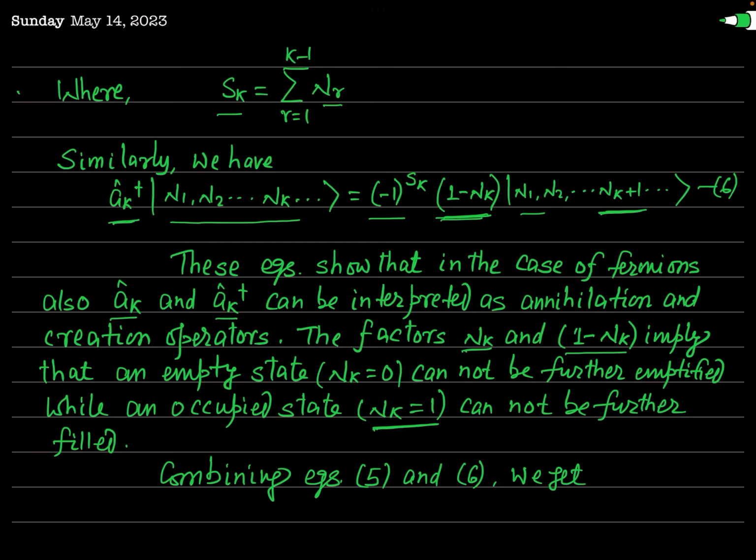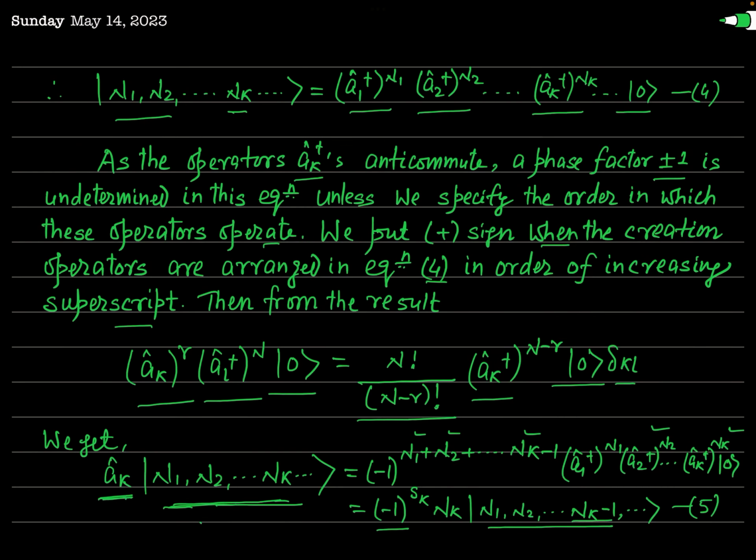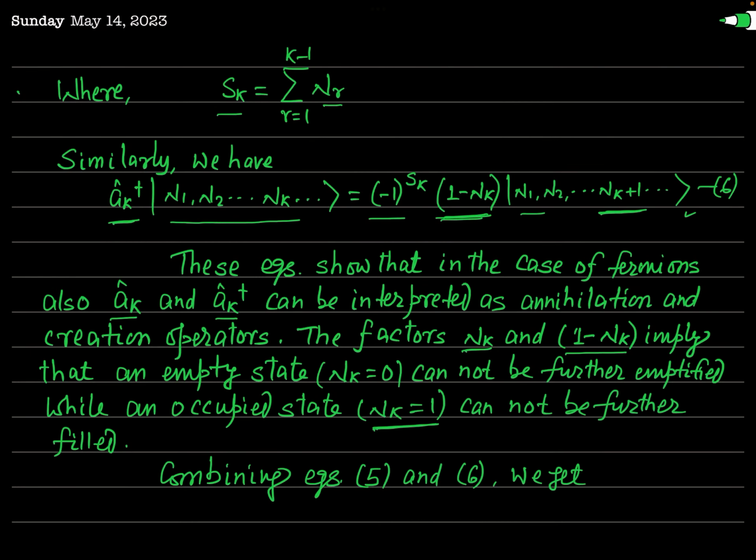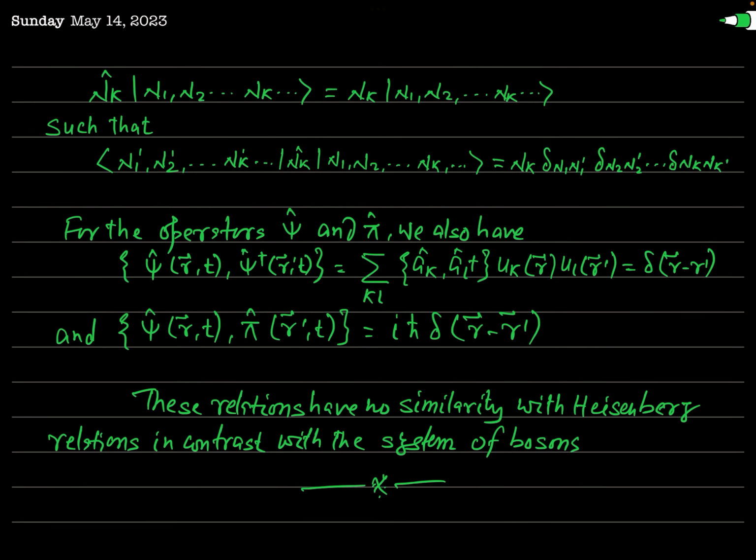Okay. Now, let us see this equation number 6 and this equation number 5. When we combine these two equations, that is equation 6 and equation 5, what will be our result? You can see that when n_k hat is operated on the state represented by |n1, n2, and so on, nk>, our result will be n_k times the same eigenvector |n1, n2, and so on, nk>.